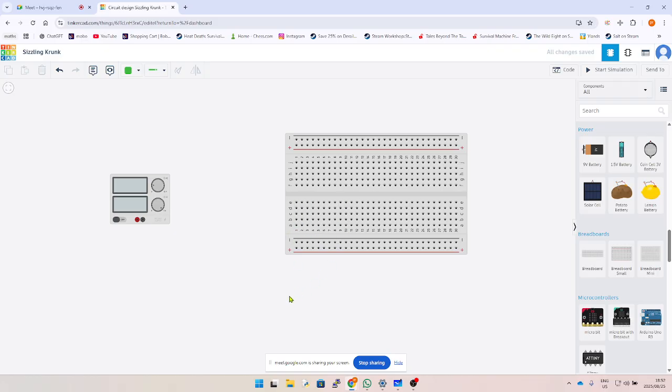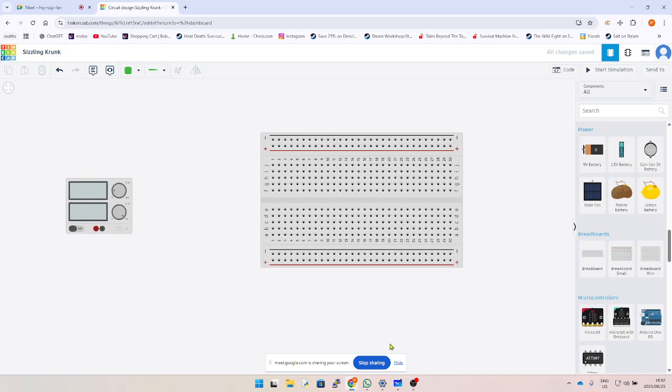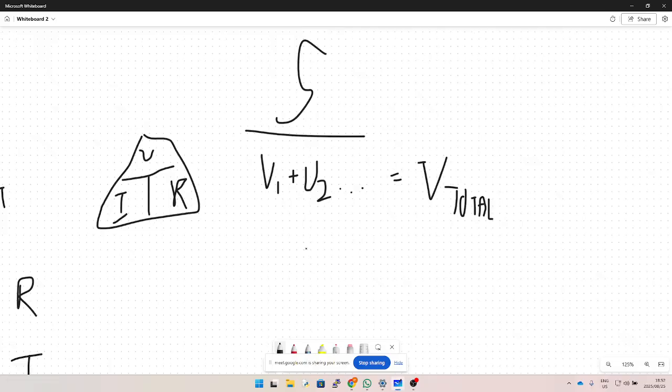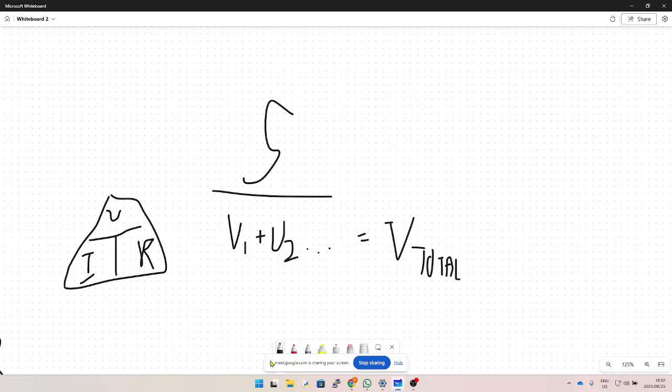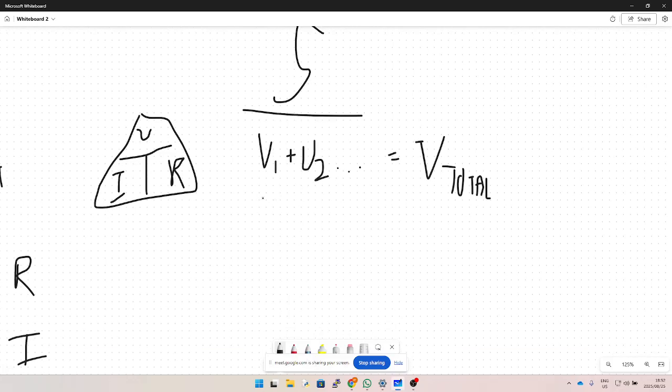When it says, for example, V1, it's asking: at this given point in your circuit, the voltage is whatever it is. For your amperage, it's even easier because your I total is equal to your I1 is equal to your I2.